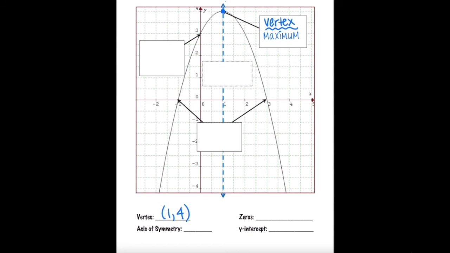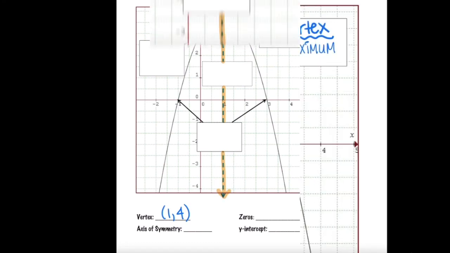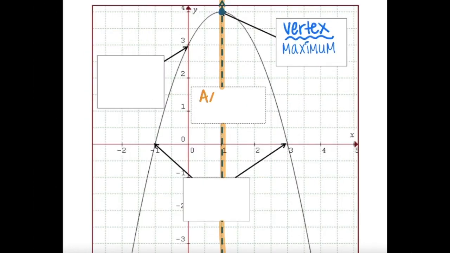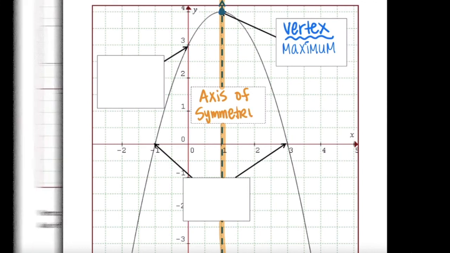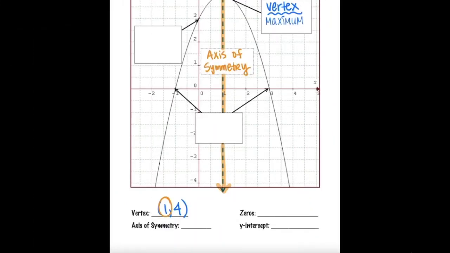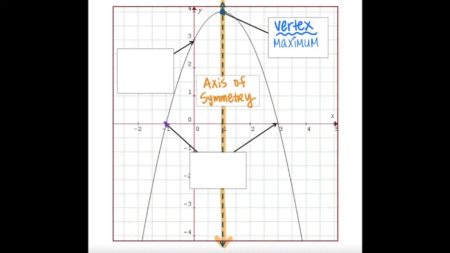Up next, let's go ahead and identify the axis of symmetry that is cutting this parabola directly in half. So this is called our axis of symmetry. Remember, it's always going to be whatever the x value of the vertex is. So it's basically telling you what the input for the vertex was. This is crossing where x is 1. It looks like the parabola is crossing the x-axis in 2 spots.